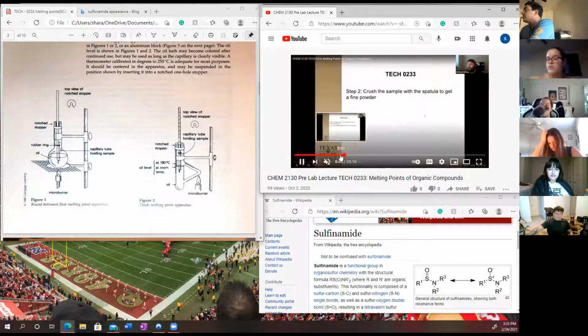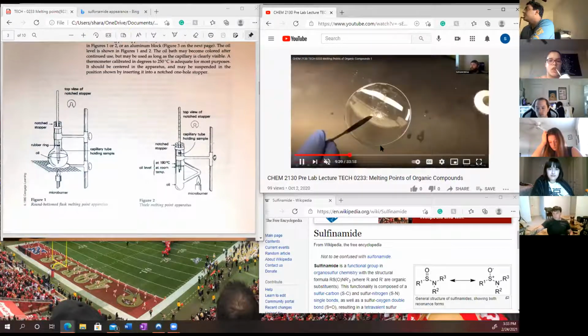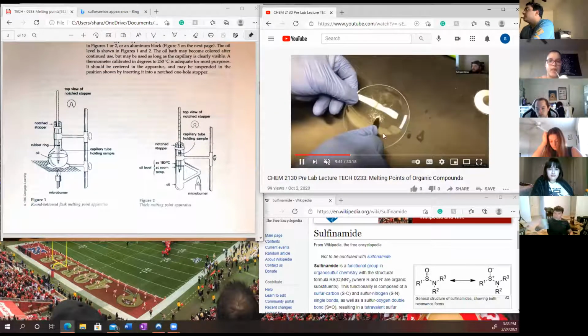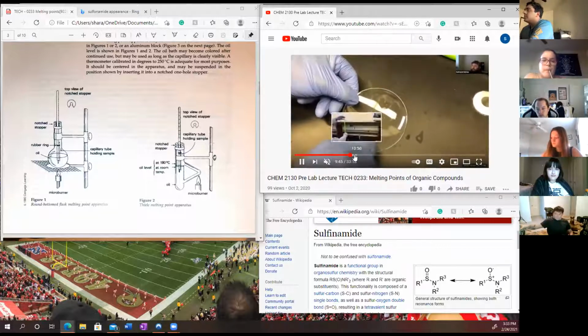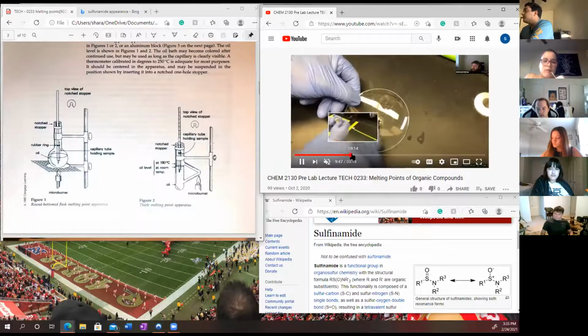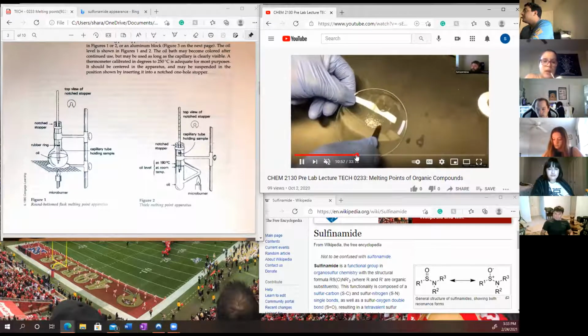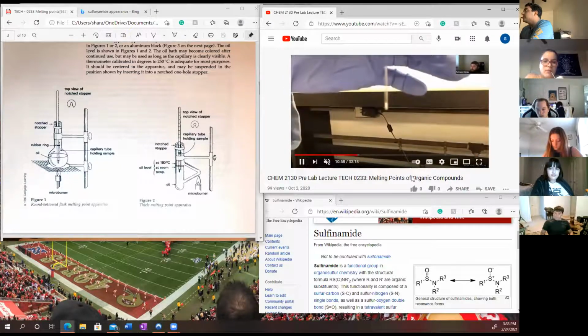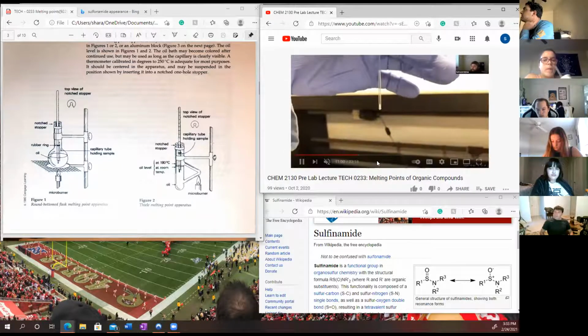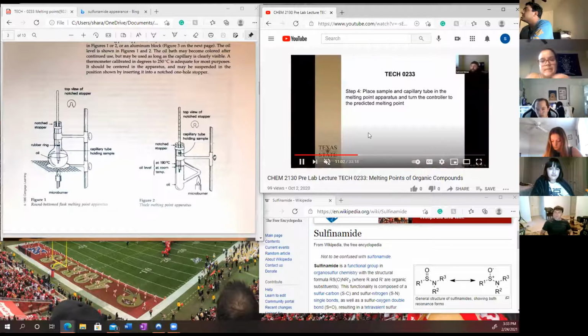Your solid's going to come in a really hard structure, and you would want to mash it up like mashed potatoes and make it powdery, so that it'd be easier to melt in the experiment. And as you see in the video, it has a really powdery-like substance inside of the stick.